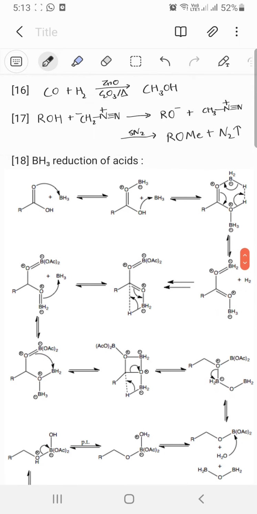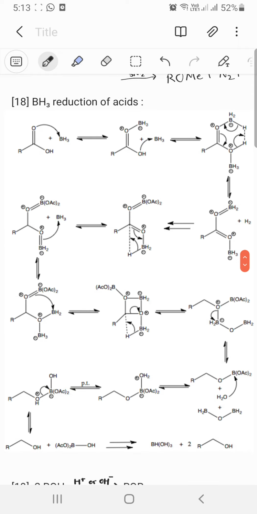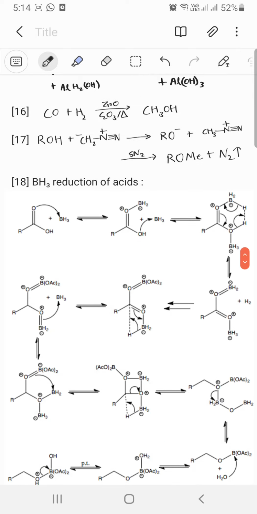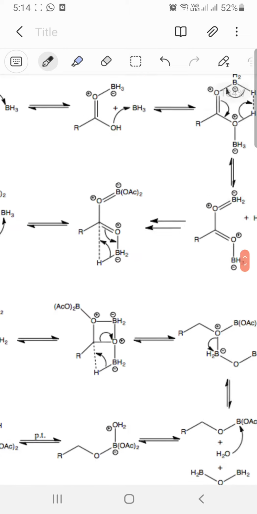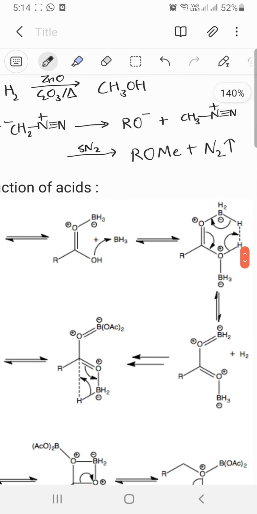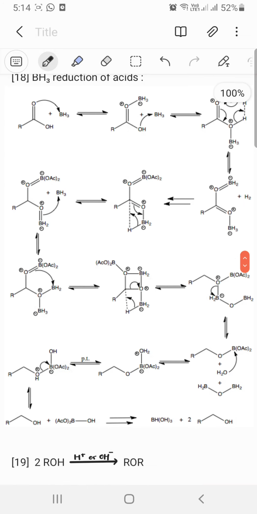Yes, that explains why this can reduce carboxylic acids and not anything else. So this part, after the release of hydrogen, it's okay, it's not that bad, it's nothing new. But the release of the hydrogen, that's a reaction that drives it forward. It cannot do the same thing for ketones or aldehydes, right?